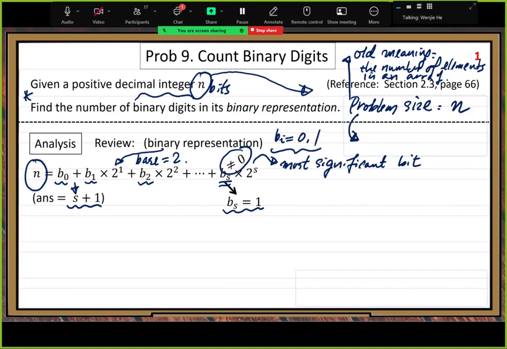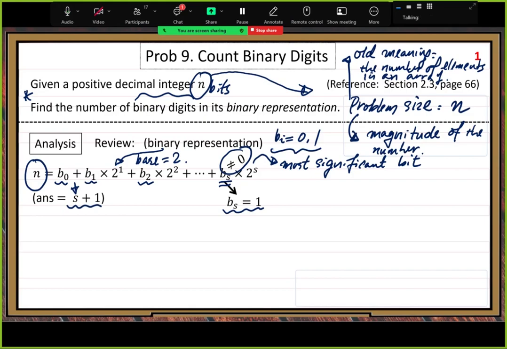So how different? It's the magnitude of the number. So it's the second meaning of the problem size.